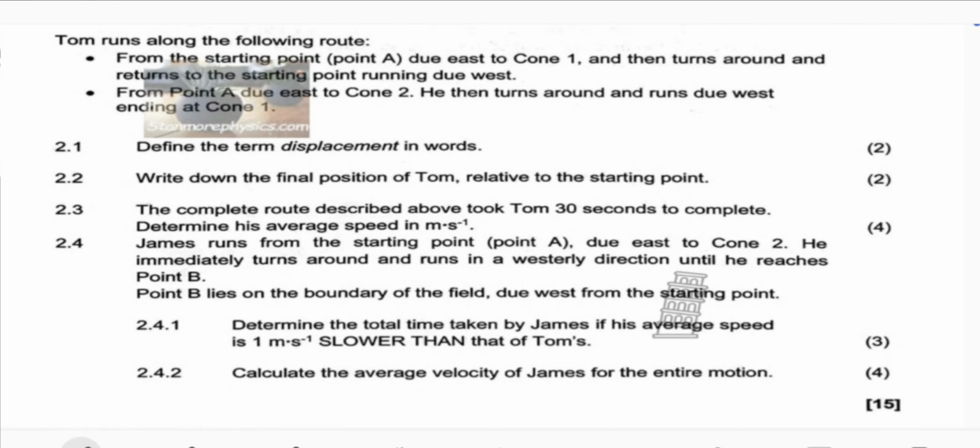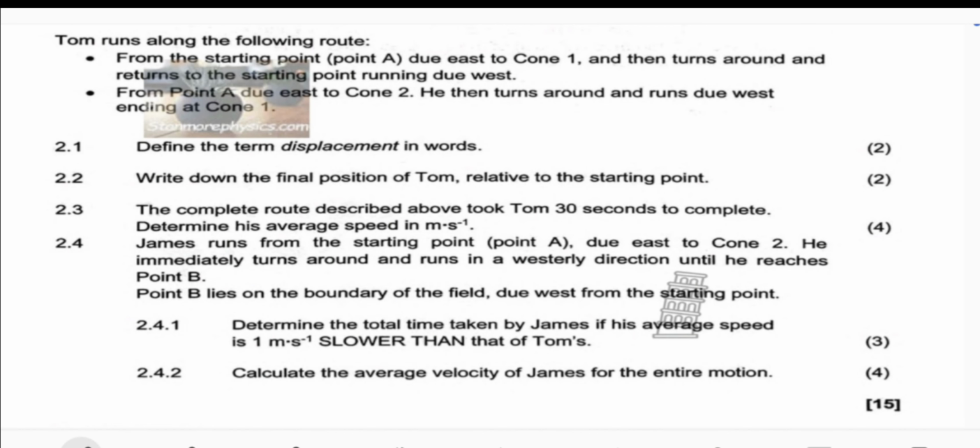Right now. Let's furthermore explore Tom's motion. We are doing mechanics, and we said mechanics has to do with motion, and here we are interested in the motion of Tom. Tom runs along the following route from starting point A. Remember, we've mentioned that point A is the initial or starting point, due east to cone 1, meaning he ran from the initial point all the way to cone 1 and then turns around and returns to the starting point running due west.